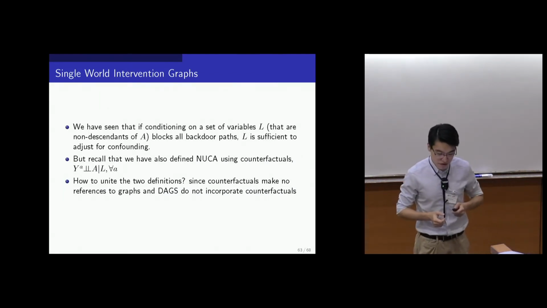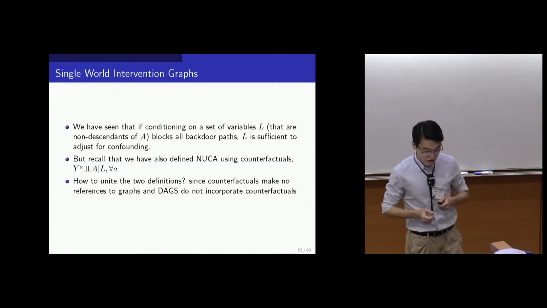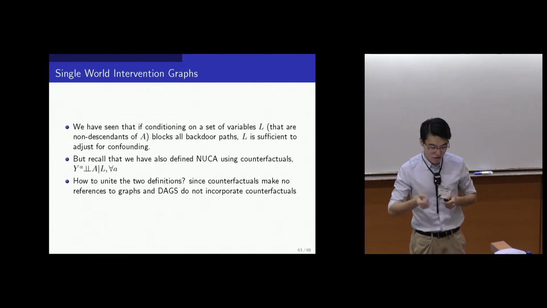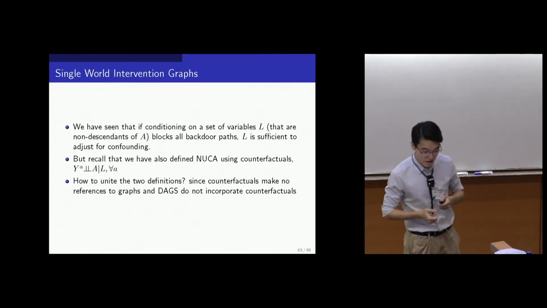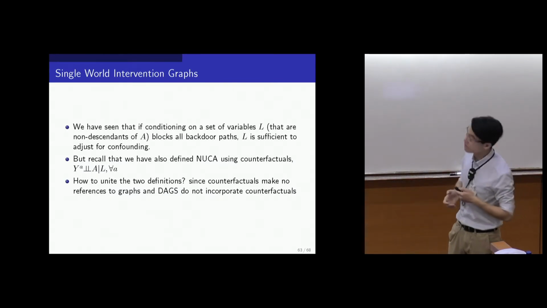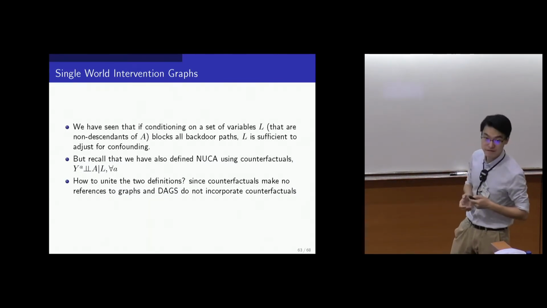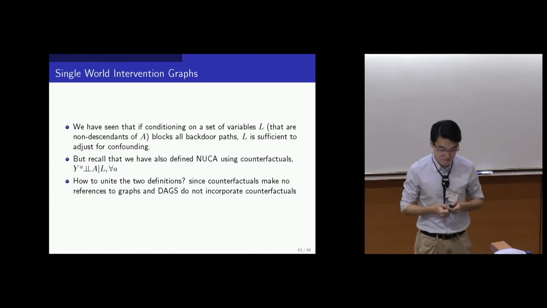And also we talked about the graphical approach, the condition for identification of the causal effect. That is, if we condition on a set of variables L that blocks all backdoor paths, that L is sufficient to adjust for confounding. Okay? So this is the graphical way of looking at it.